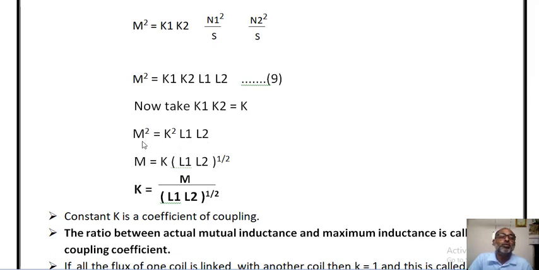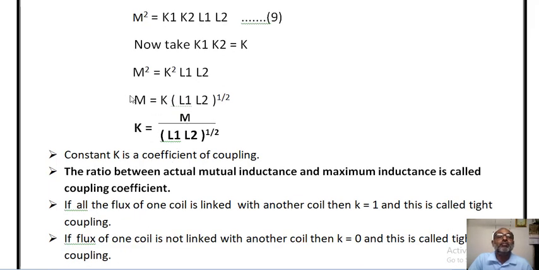Now to remove this square from M, we can write M is equal to K under root L1 L2, because the square is cancelled due to the under root, and we can write K is equal to M divided by under root L1 L2, where this constant K is nothing but the coefficient of coupling, how much flux is linked with the coil. So the ratio between the actual mutual inductance and the maximum inductance is called the coefficient of coupling.